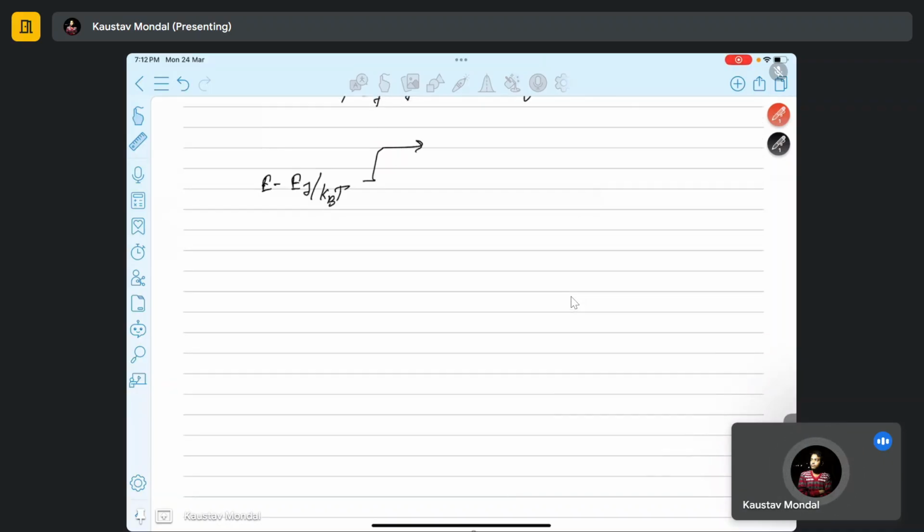If T is 0, and if E is greater than EF, this term simply gives you plus infinite, right? If E is equal to EF, that gives you 0. And if E is less than EF, that gives you minus infinite, right?